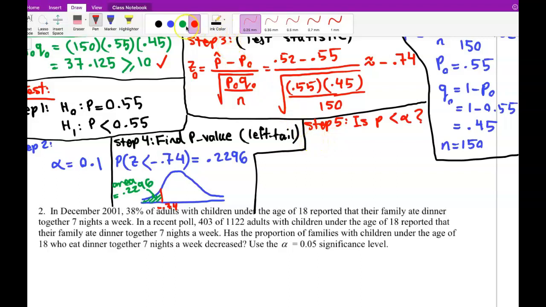Or in other words, for the p-value we got 0.2296. Is that number less than alpha, which was 0.1? So is this less than 0.1? The answer is no. So based on our decision in step 5, now step 6. The conclusion is that we do not reject the null hypothesis.